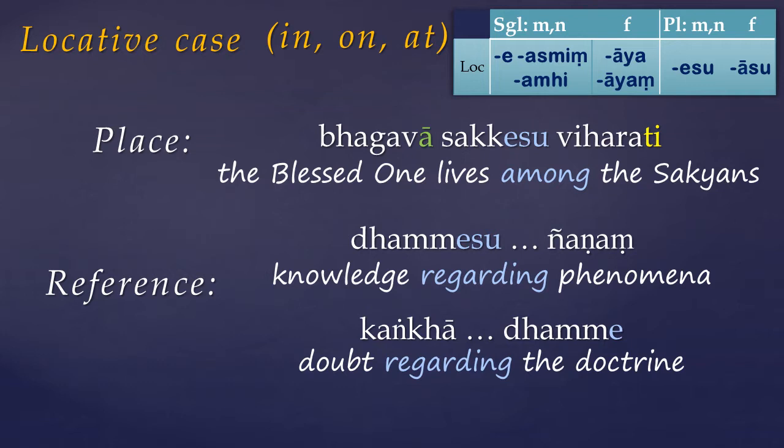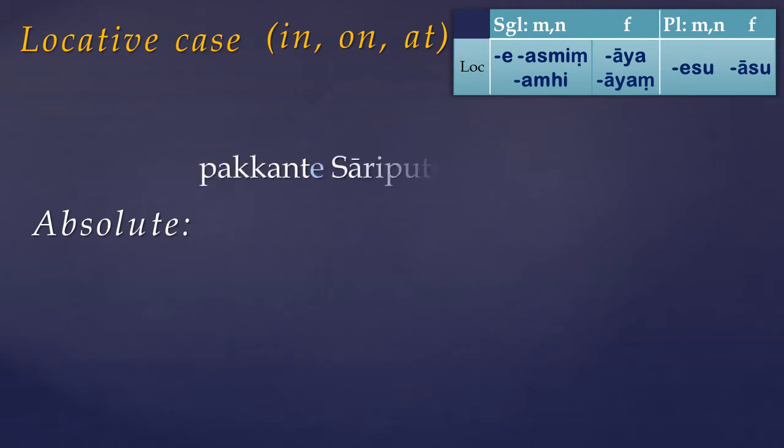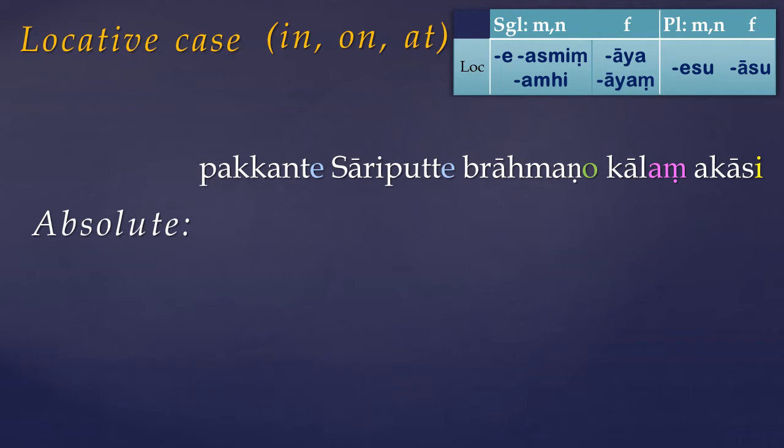But it's worth highlighting, I think, that also, like the genitive, the locative case is often used in an absolute construction, or the locative absolute. This shouldn't be confused with the absolutive verb inflection. The absolute construction is when a participle and its subject noun are in the same case, and this is most often locative.